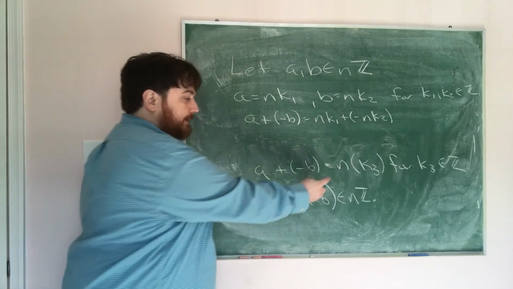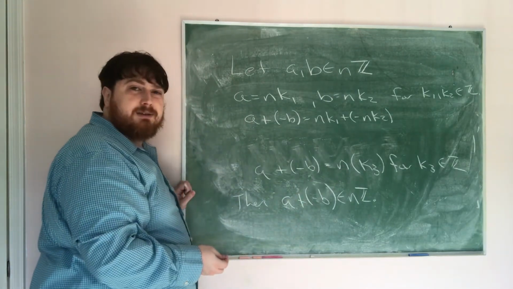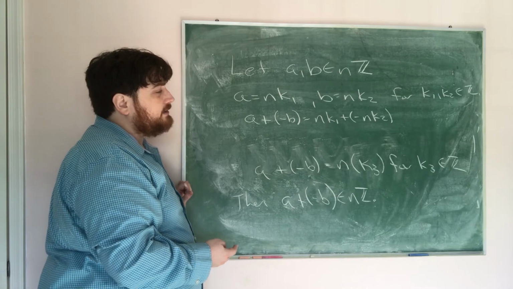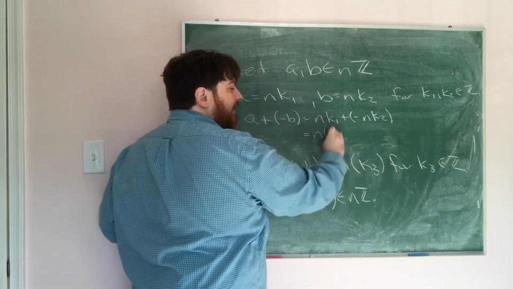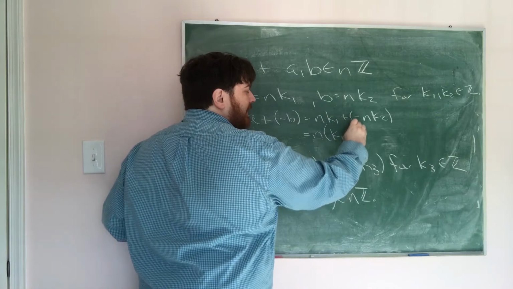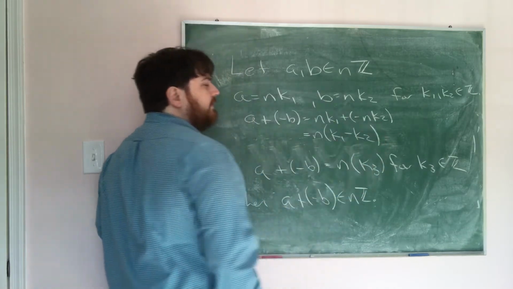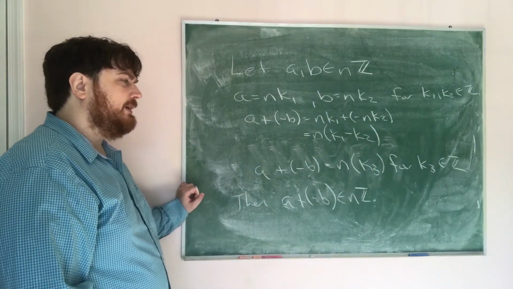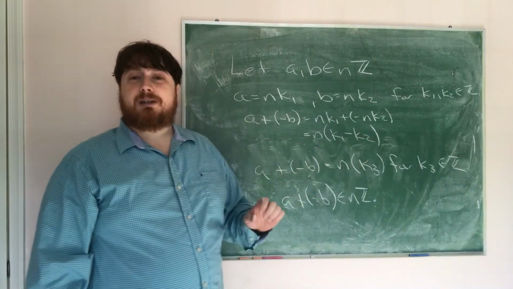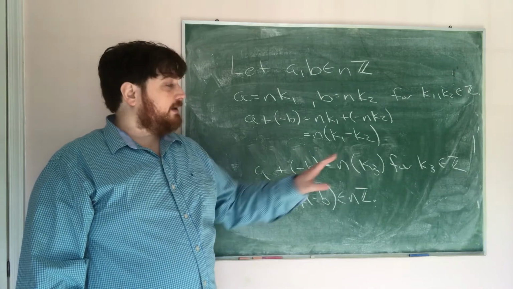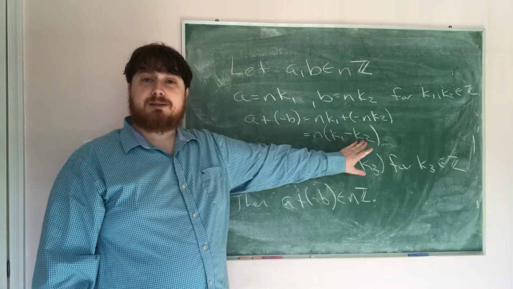Now the goal is to write this as n times some integer. So I'm going to say, oh look, there's an n in both of those, so let's factor that out. And I get n times k1 minus k2, or k1 plus negative k2. Notice, however, that k1 is an integer and k2 is an integer.